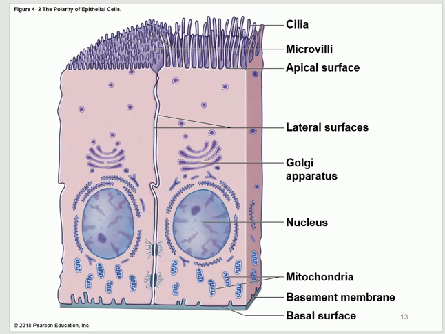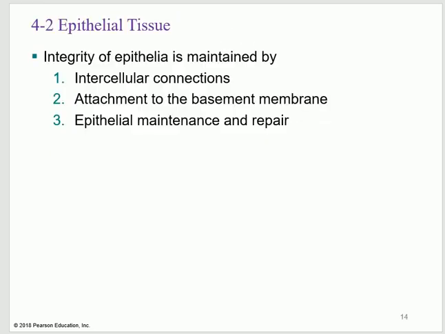This is one of the epithelial cells. This is the apex, the upper part, and this is the lower part. It's just regular cells. And these cells are kept together by different means that we will talk about. Intercellular connections keep them together, like here in your skin.